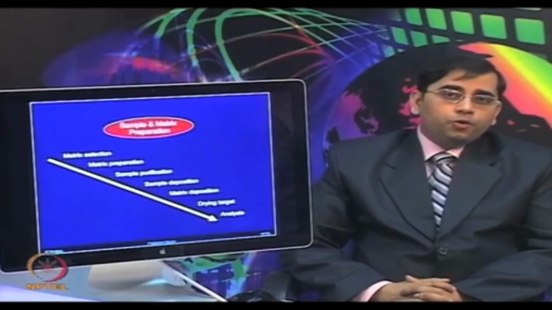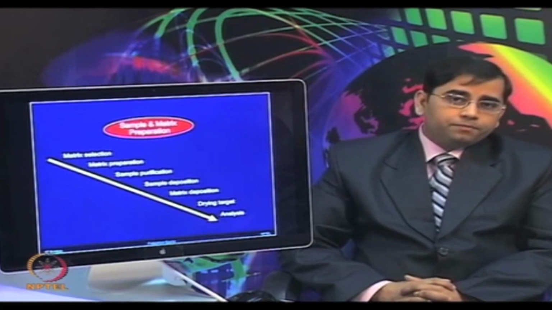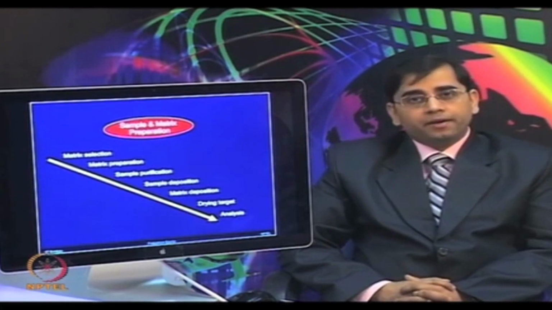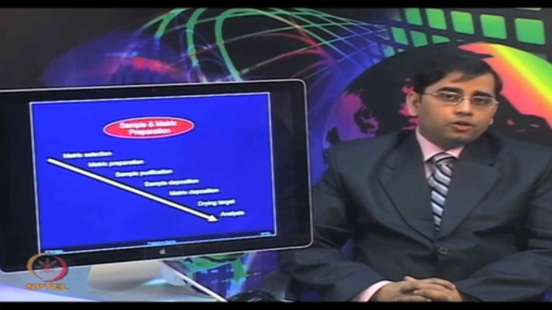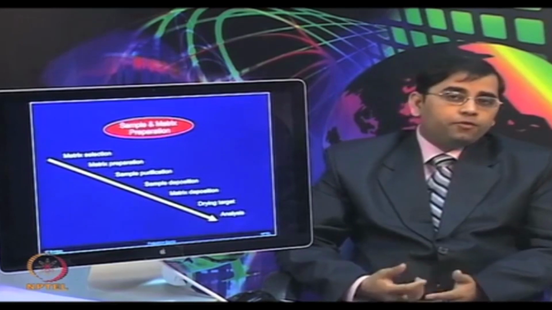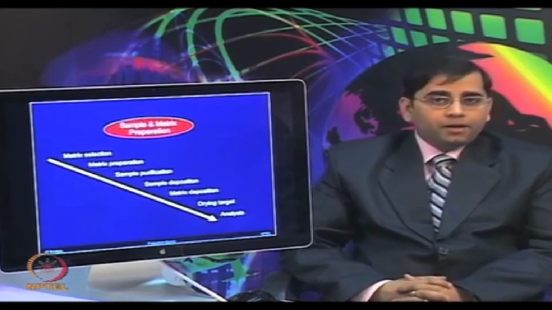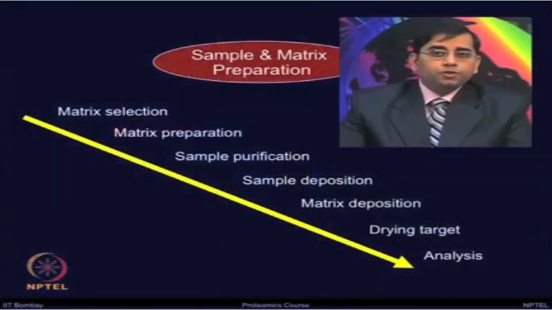So, now you know how to perform the cleaning step by using ZipTips. Now, you have the sample ready and you have selected the matrix. So, now let me show you the various steps involved before you can actually start the MALDI experiment. You need to select the matrix, you need to prepare the matrix, and you have already done the sample purification.